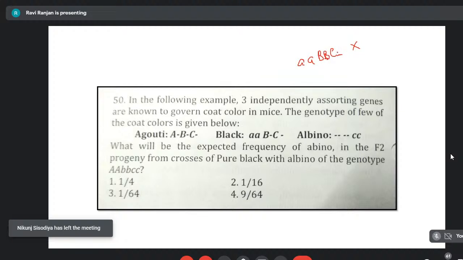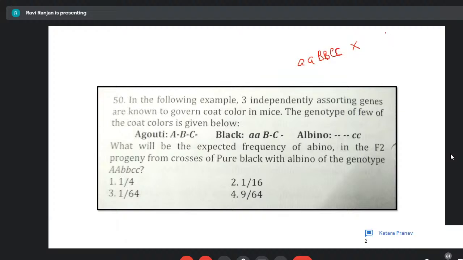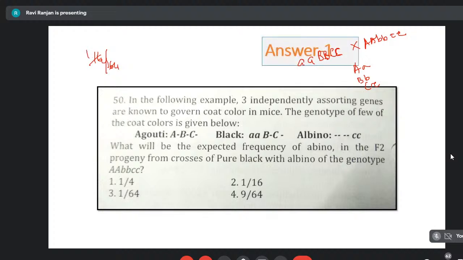Pure means it is like this only. Anyone got the answer? It will come to 16/64, so that comes to 1/4. So the right answer is 1/4.